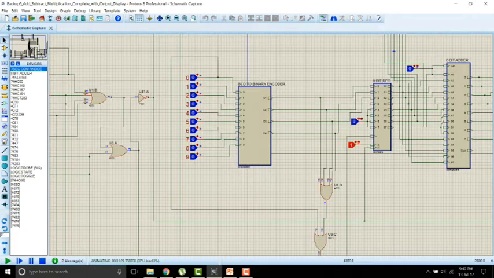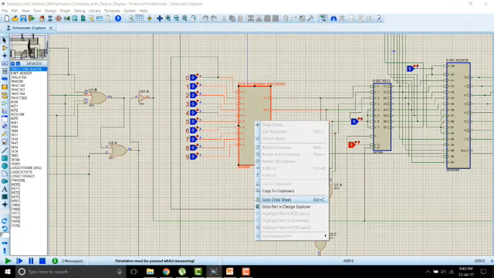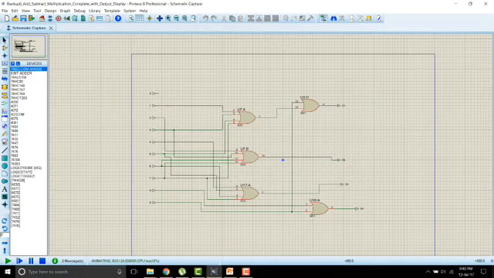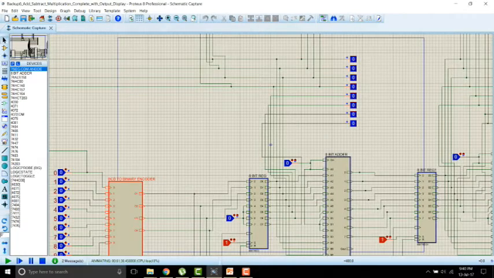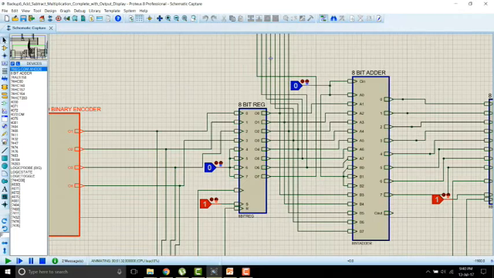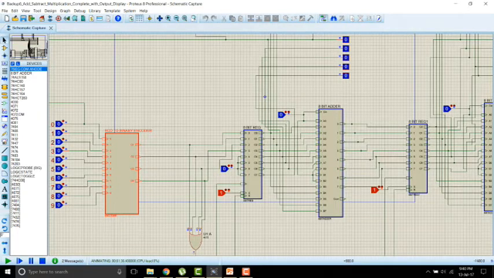So first is the BCD to binary encoder. We used 4072 4-input OR and 4071 2-input OR gates, and then there is an 8-bit register to store the first input. Next we used an 8-bit adder to multiply the input by 10, so that it becomes a decimal place number.